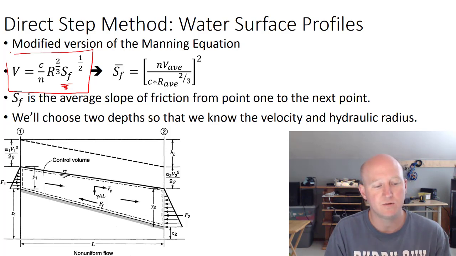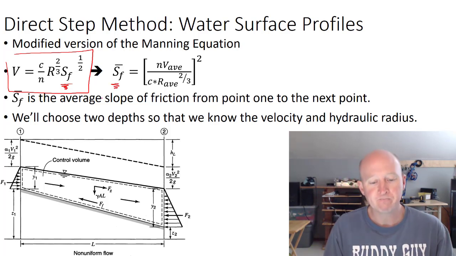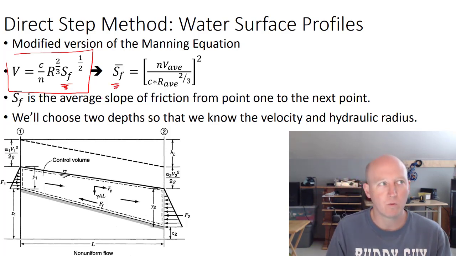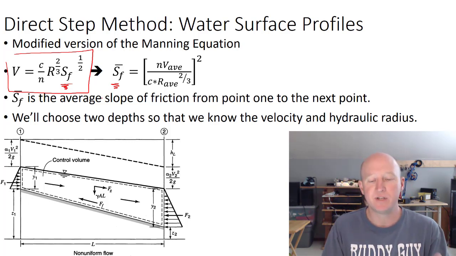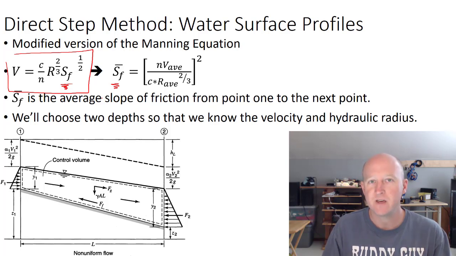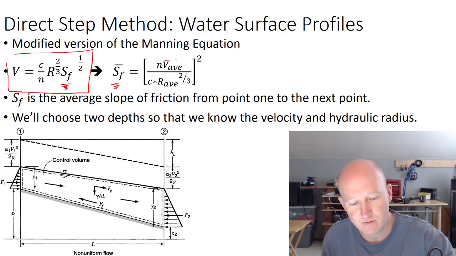So if we use the original form of Manning and then we rearrange and solve it for the friction slope, and then we talk about, okay, well, we're going from point 1 to point 2. Let's talk about the average friction between point 1 and point 2. And so to calculate the average friction, we'll need to calculate the average velocity and the average hydraulic radius.